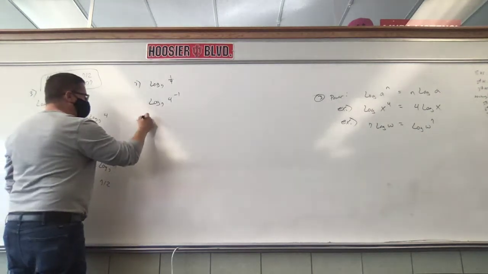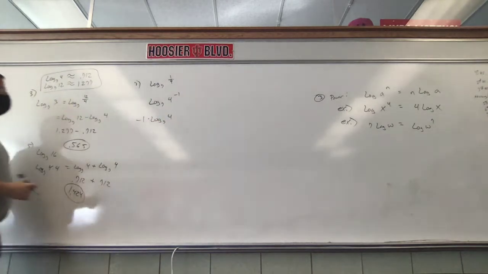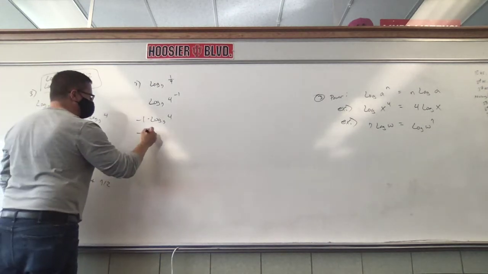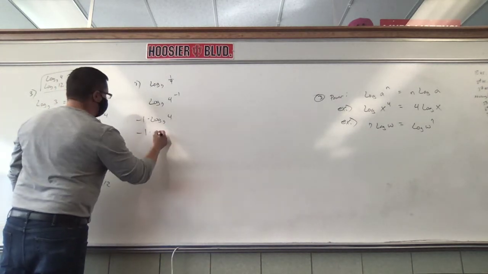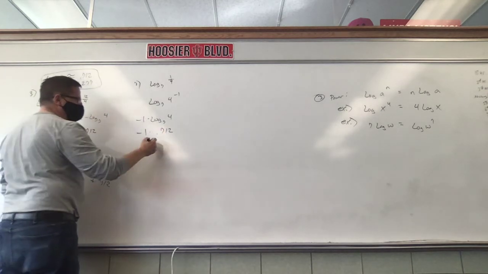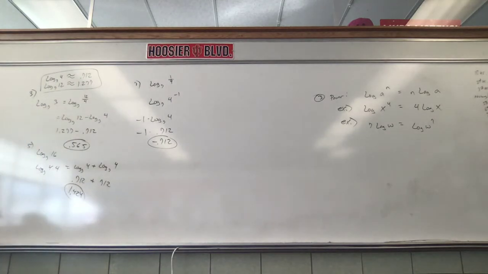So negative 1 times the log base 7 of 4. So negative 1 times, what's log base 7 of 4? 0.712. And negative 1 times 0.712 is negative 0.712. That's a tougher one. It's not as obvious.